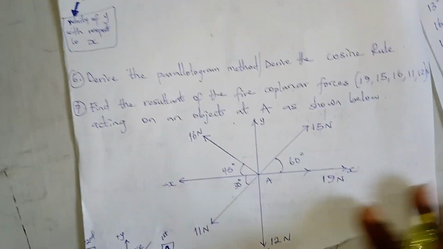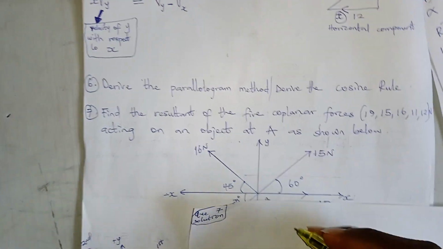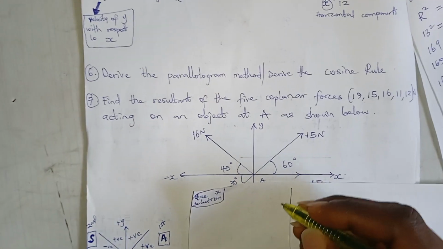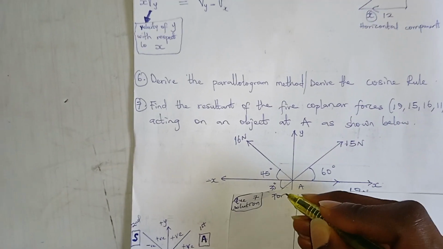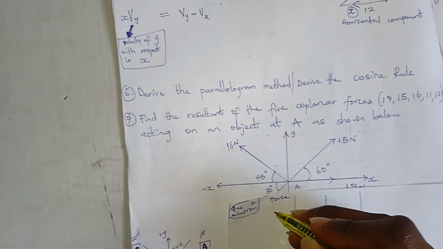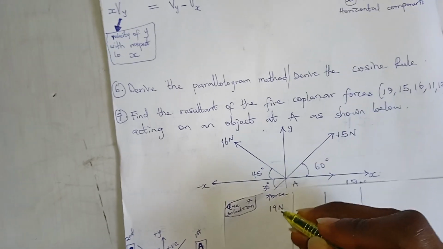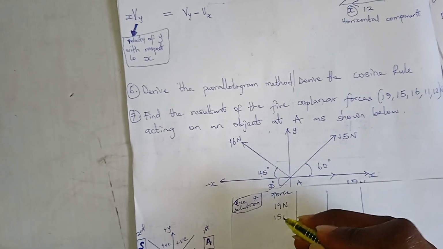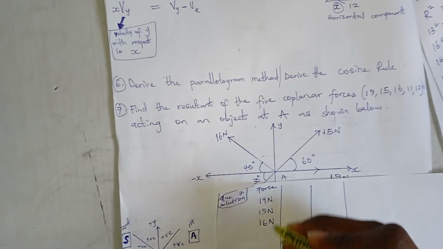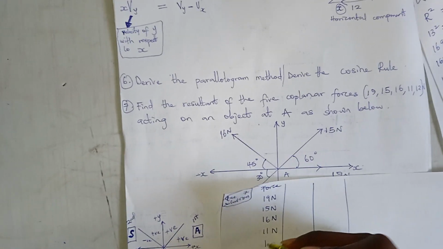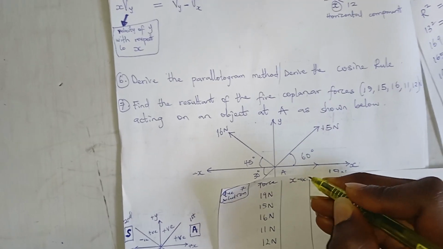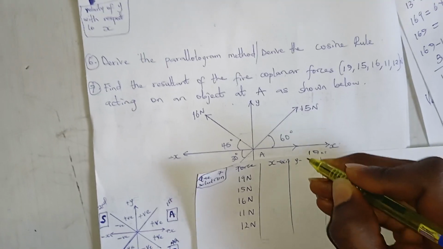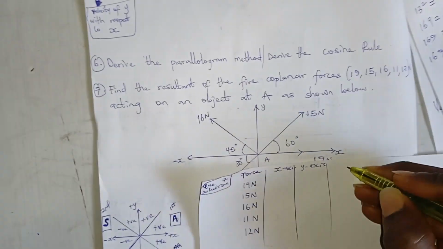So resolving this now, I'll have the forces. They gave me 19 Newton, 15 Newton, 16 Newton, 11 Newton, and 12 Newton. Now this is the x-axis or x components. This is the y-axis or y components.